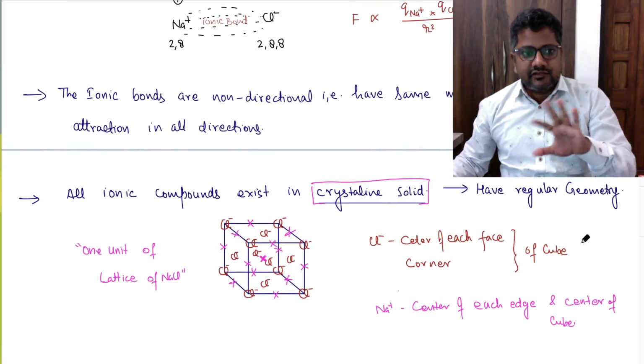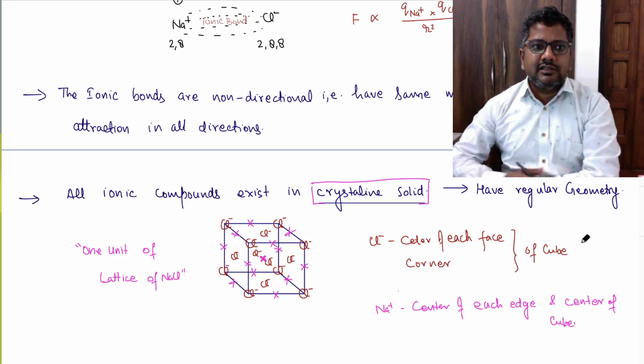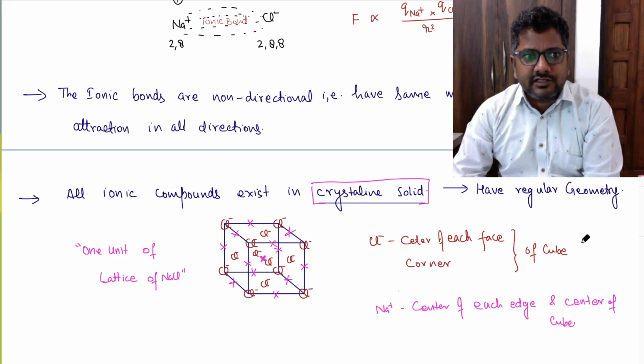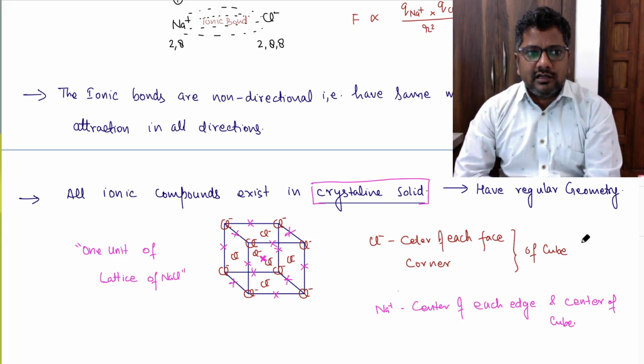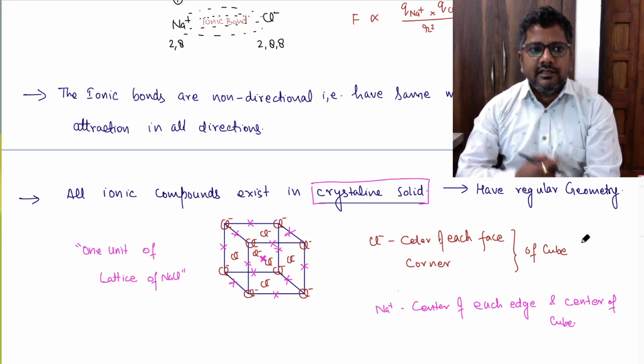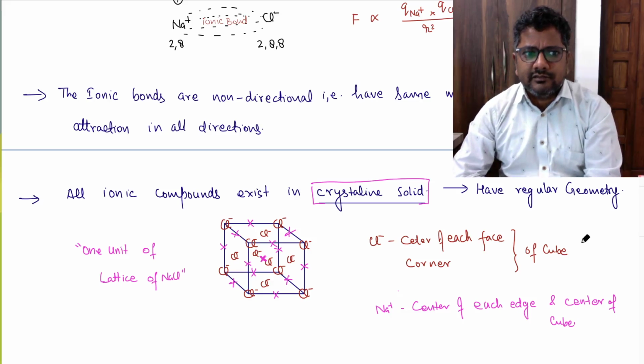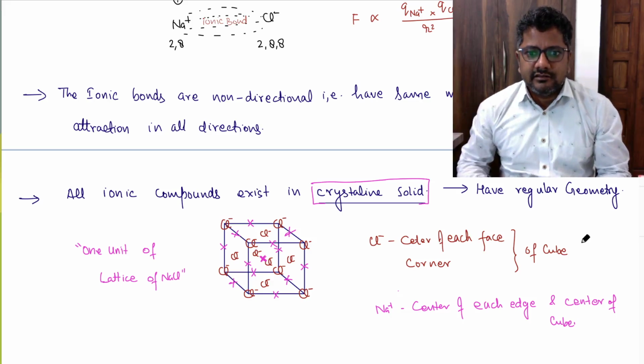Naturally it will not exist, but if you heat this sodium chloride crystal strongly, without water and without anything, directly putting heat on it, it will attain the molten state, means it fuses, it melts.